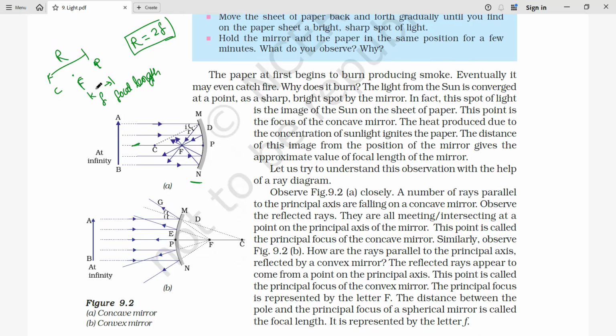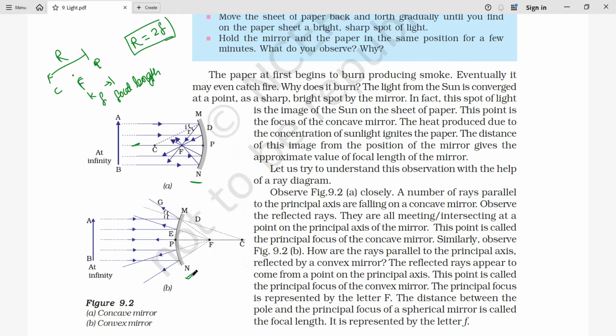In the case of a concave mirror the focus is in front of the mirror, and in the case of a convex mirror, it is behind. Like here, this is the convex mirror. Since इसका reflecting surface क्या है? Bulge in shape.